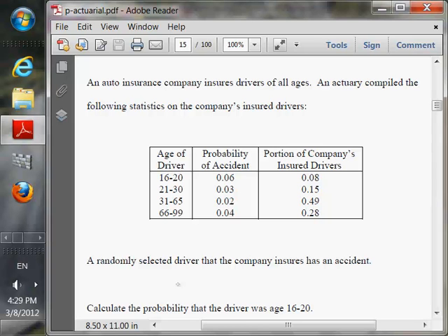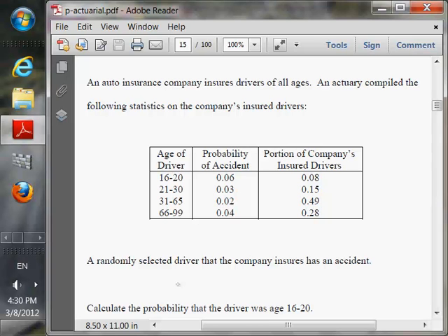Forget the accidents and all that, forget the random variables. Let's go back to A and B sub i, the events. B sub i is I belong to the first, the second, the third, or the fourth age group, and A is to have an accident.